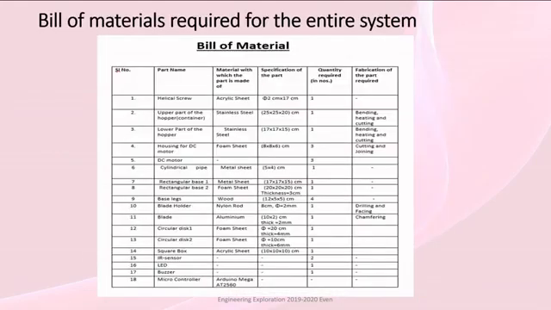This is the bill of materials required for our entire system. First, we require a helical screw, which is made of acrylic sheet. Then the upper part of the hopper, the square sheet, which is made of stainless steel. Also, a lower part of the hopper, which is also made of stainless steel.